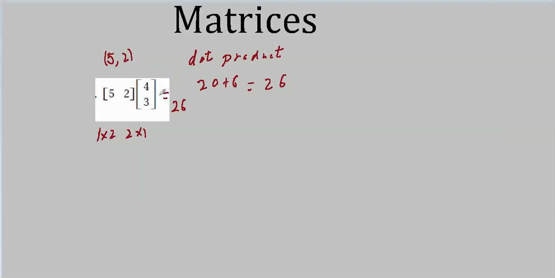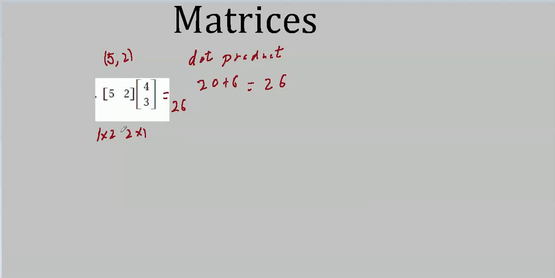If we had two columns on the right hand side, then we'd have two entries here, and this product would give us a row vector. See, these inside parts have to match up, and the outside parts give you the dimension of the resultant vector, or matrix.